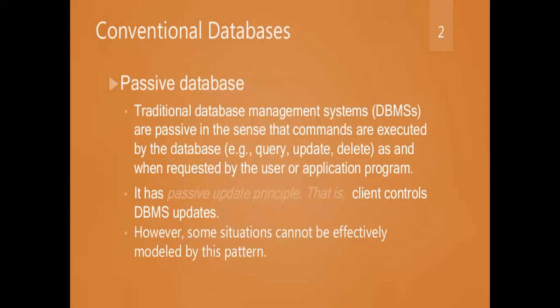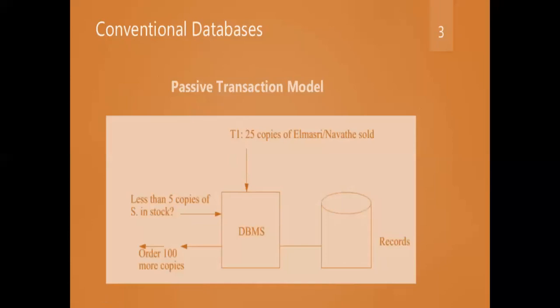However, some situations cannot be effectively modeled by this pattern. We can't handle current applications which require implicit functions, that is, automatic rules that update things. Those functions were not available in traditional databases.